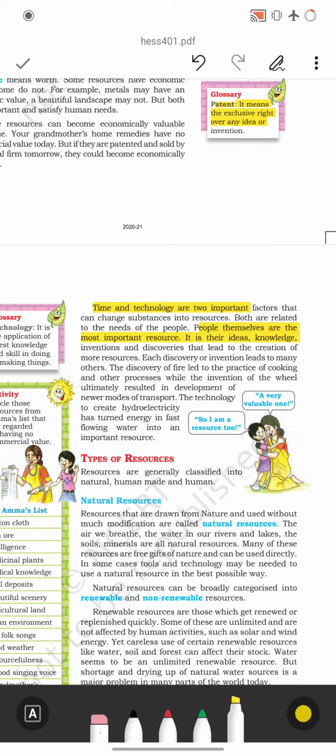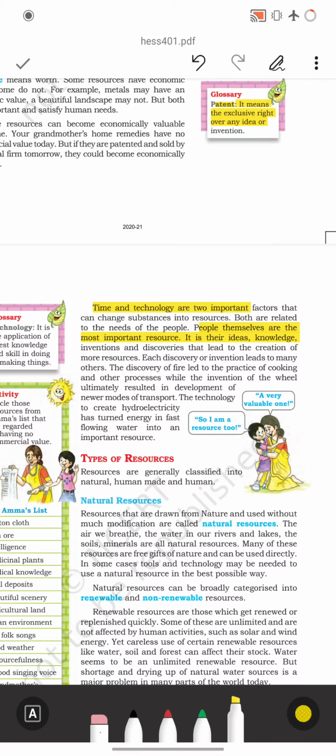We discovered fire, we discovered the wheel. Fire we used in many ways, like for cooking and for melting metals, gold, and the wheels we invented ultimately resulted in the development of newer modes of transport.